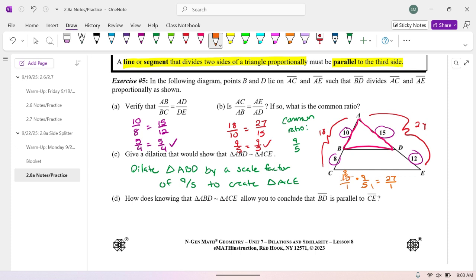So, how does knowing that triangle ABD is similar to ACE allow you to conclude that BD is parallel to CE? So, we know these triangles are similar. How does that allow us to figure out that these two lines are parallel? So, similar triangles, think about how we did it the first time to show that they were similar in the very first example that we did today.